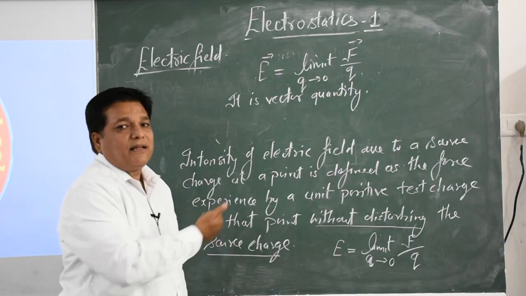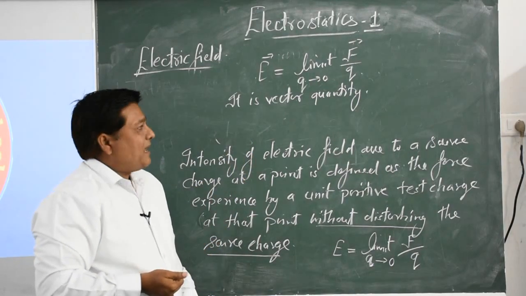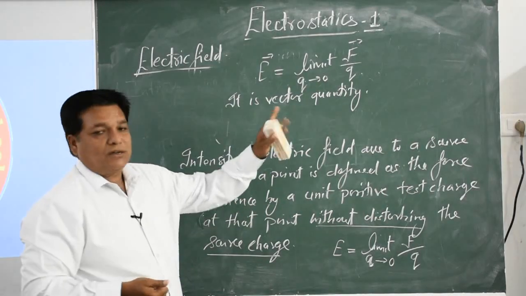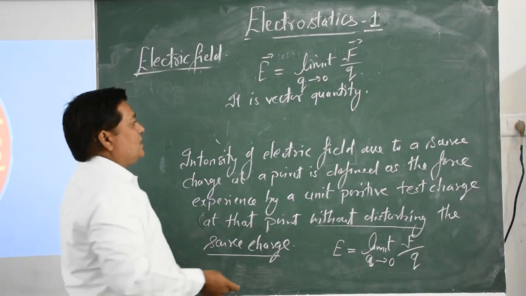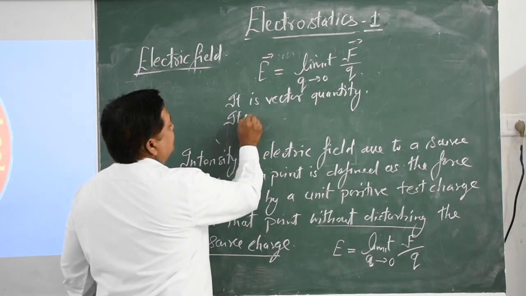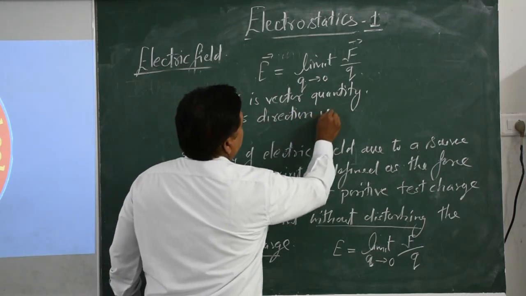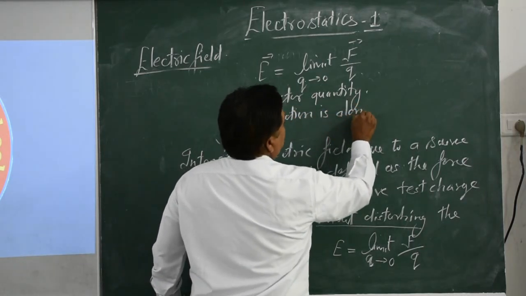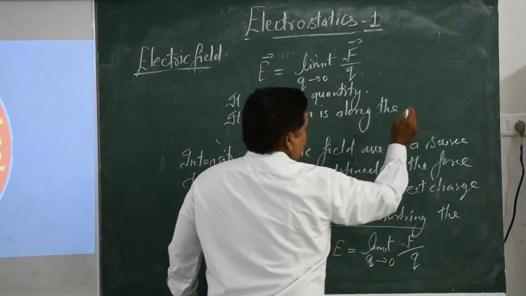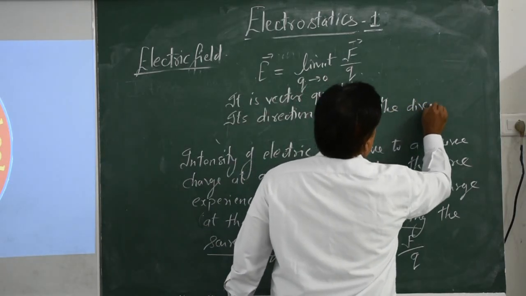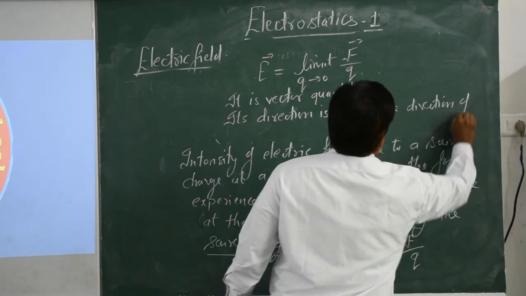The force is applied in the opposite direction, and the direction of the electric field will also be along the direction of the applied force. So we can write that its direction is along the direction of force.